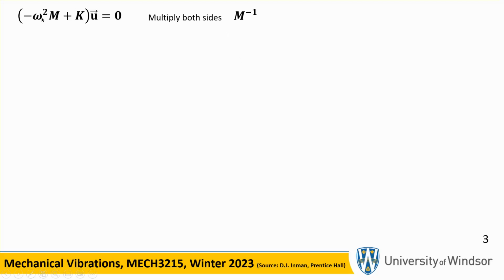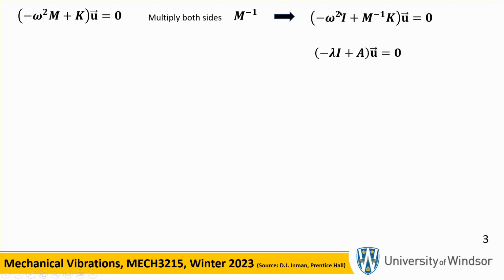If you take this and multiply both sides of this expression by M inverse, notice that we're going to have M inverse times M, which is identity, and M inverse times K, and we get this. This may look familiar to you because it looks like the stuff that you saw in your second year linear algebra class.